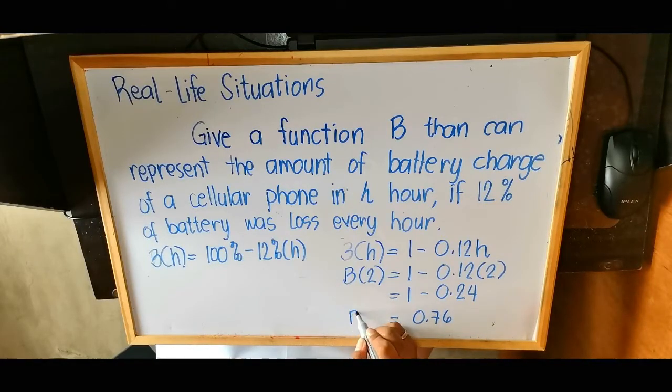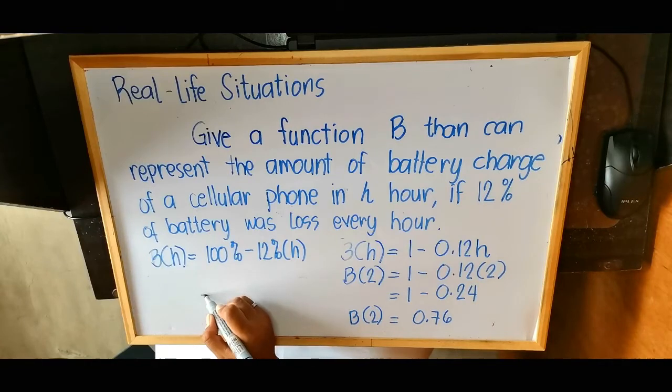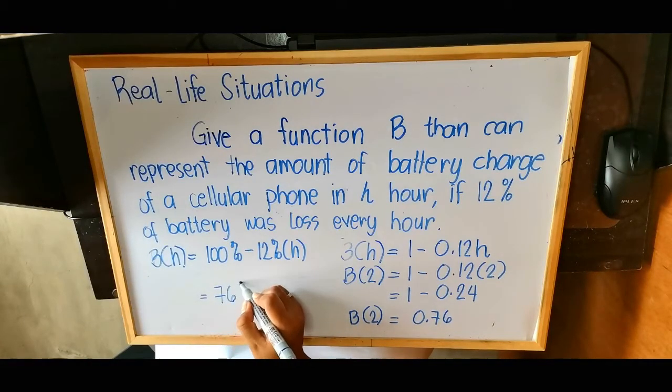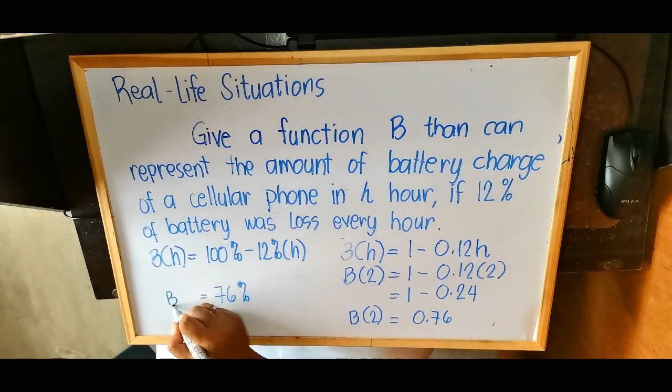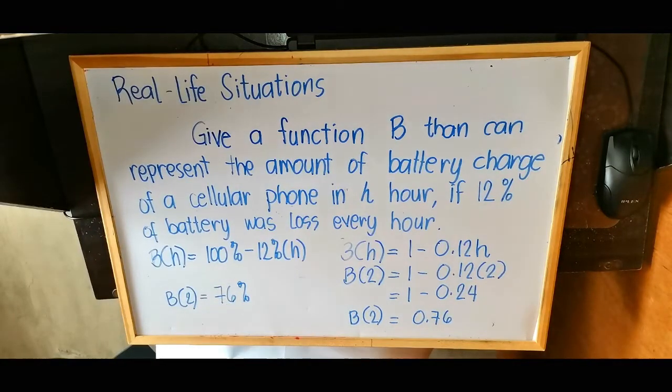So, therefore, b of 2 is equal to 0.76. The same as yung answer natin kanina, which is 76% kay b of 2. So, we all know that if we convert the percent into decimal, 76% is equal to 0.76. Kung ano yung makukuha nyong sagot, parehas lang naman, kung naka-in percent or naka-in decimal form.